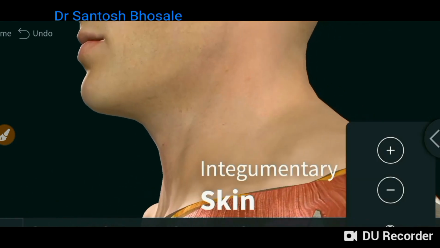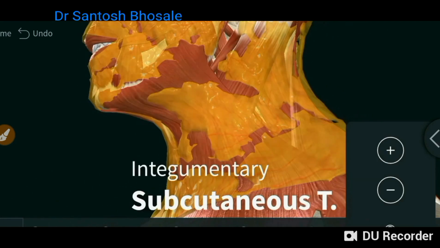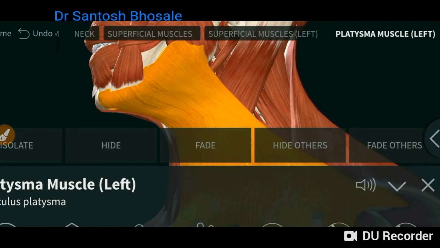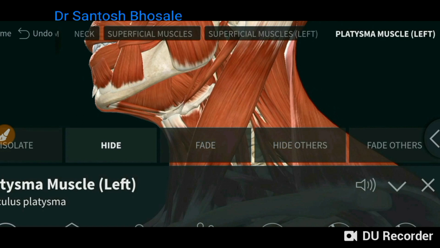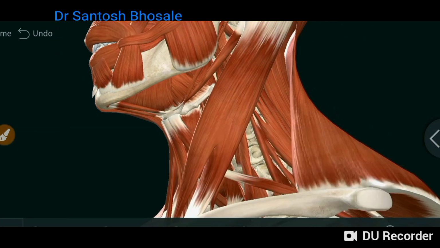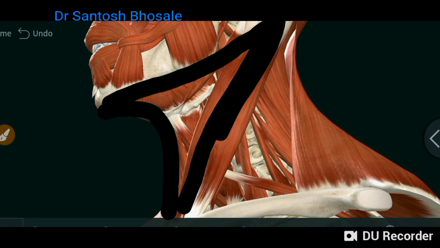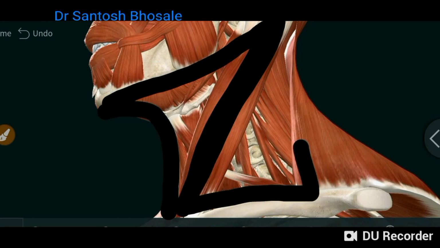The anterior triangle lies between the two sternocleidomastoid muscles, and when you view from the lateral side, you will see skin, superficial fascia and platysma muscle, and here you can see the muscular boundaries of the anterior triangle. Anterior border is by the anterior median line, posterior border is by the anterior border of the sternocleidomastoid, above by the lower border of the mandible, and line joining angle of mandible to mastoid, mastoid to external occipital protuberance.